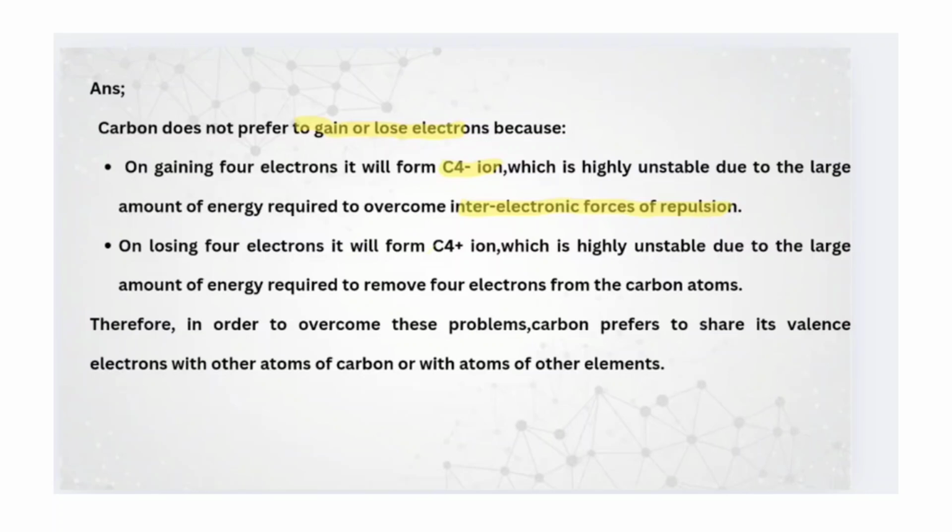Therefore, in order to overcome this problem, carbon prefers to share its valence electron with other atoms of carbon or with atoms of other elements. That means it undergoes covalent bonding and attains octet electronic configuration.